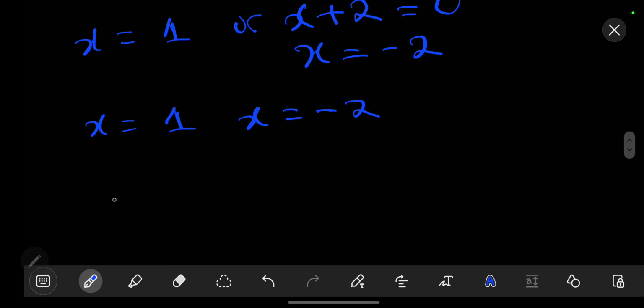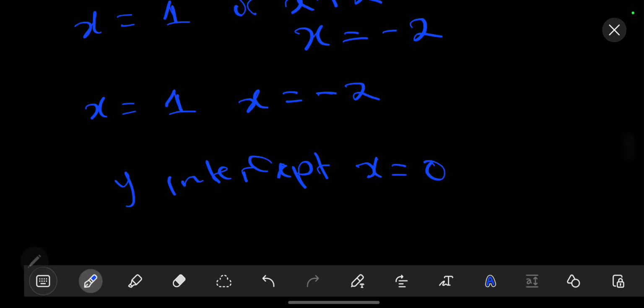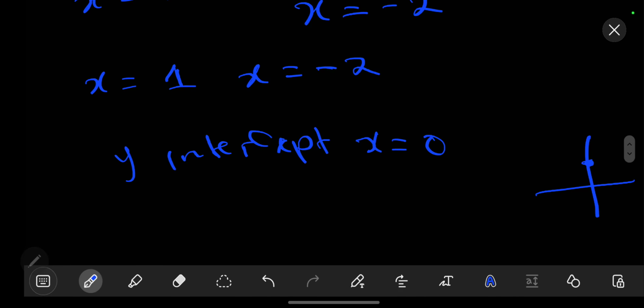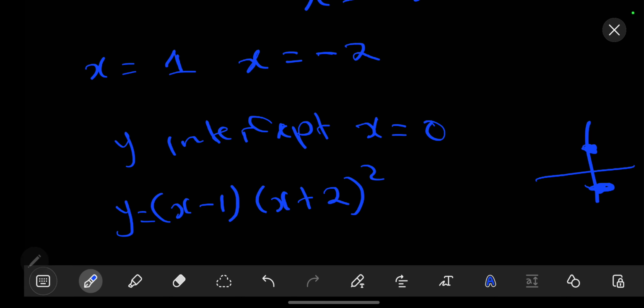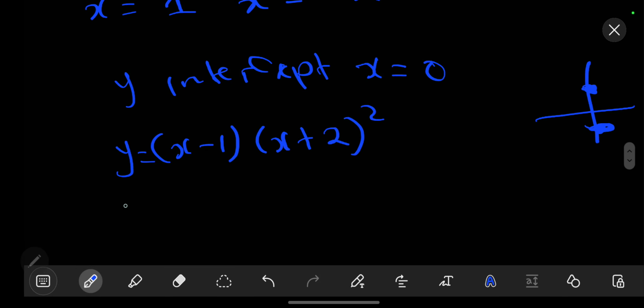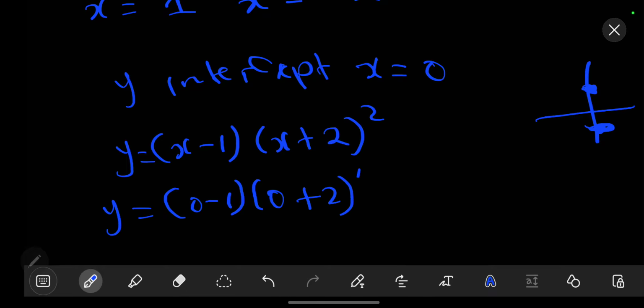The y-intercept, on the other hand, is where your x value should be equal to 0. At all points along the y-axis, your x value is always equal to 0. So for the equation y equal to x minus 1 times x plus 2 squared, where there is x, we say y is equal to 0 minus 1 and 0 plus 2, then we have squared there.